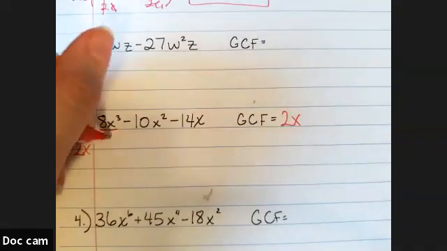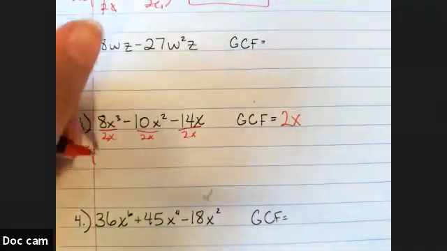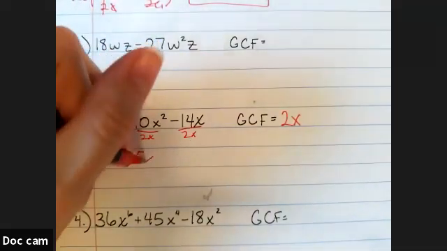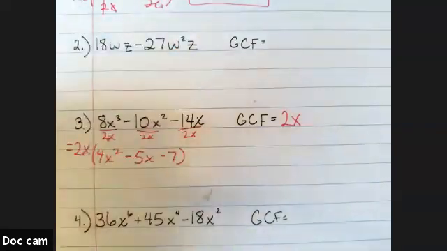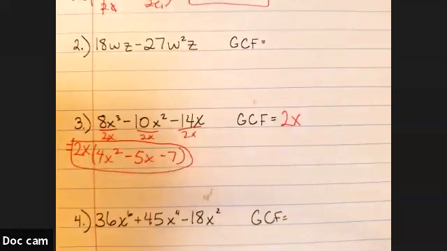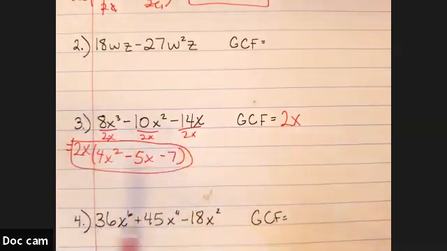If you divide each of those by 2x, that would be 4x squared minus 5x minus 7. So 2x times all that. Whenever you're factoring, you can also check by distributing the 2x. Then it'll get back to what you started with.